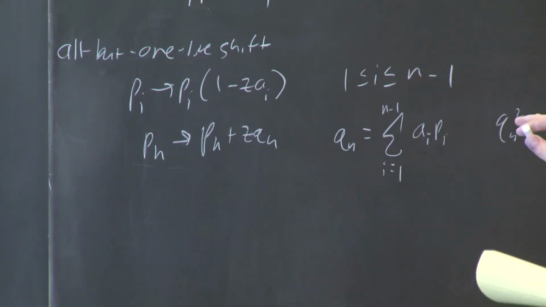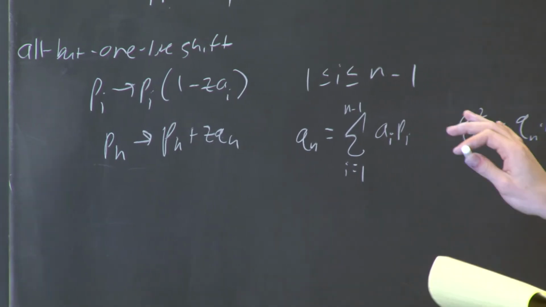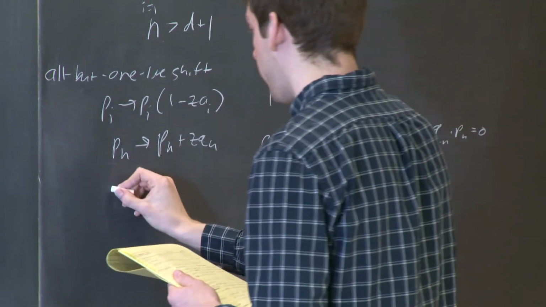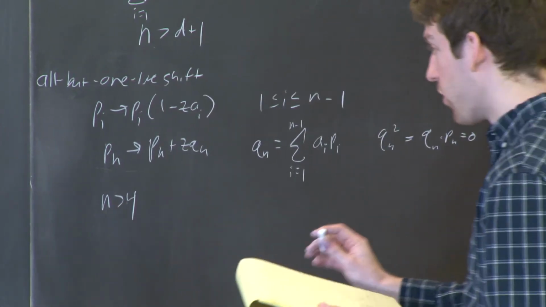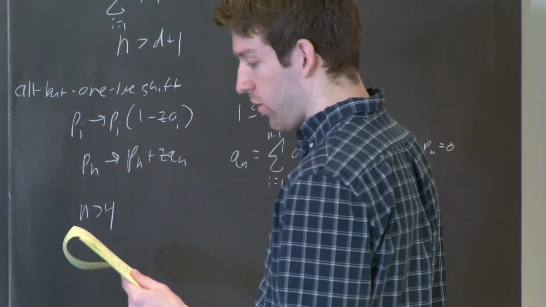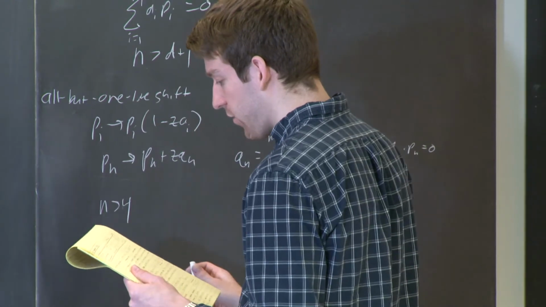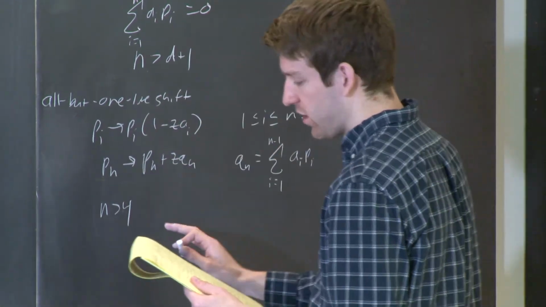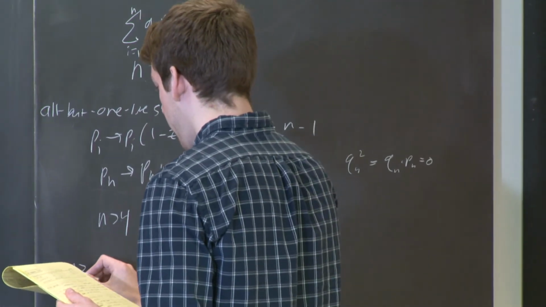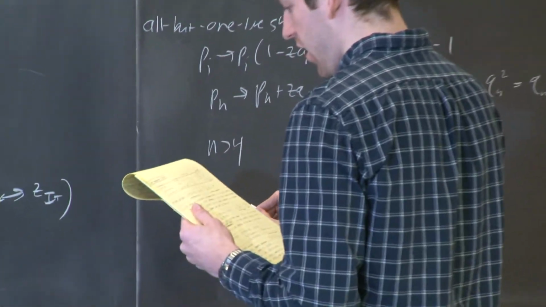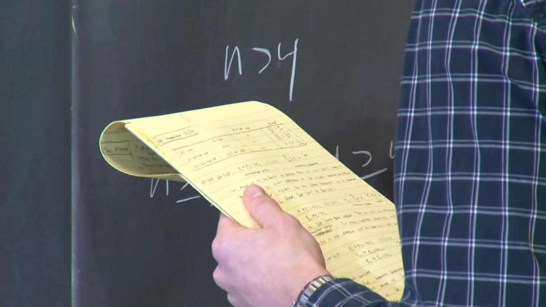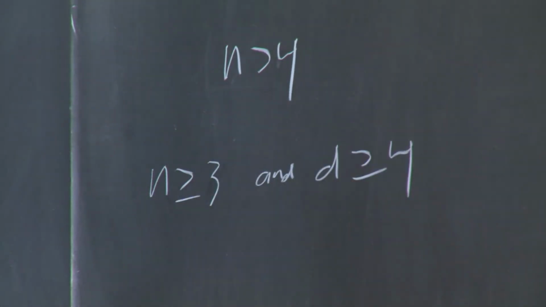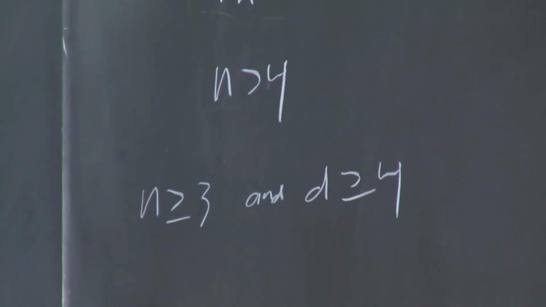Okay, so you count the degrees of freedom, you figure out when this is applicable, and you find it works for n greater than 4. And then there's one more you can do, which is all but 2. And I, for interest of time, won't say exactly what that is. It's very similar to this, you can imagine. And it works for n greater than or equal to 3, and d greater than or equal to 4. So there's sort of different regions of applicability there.